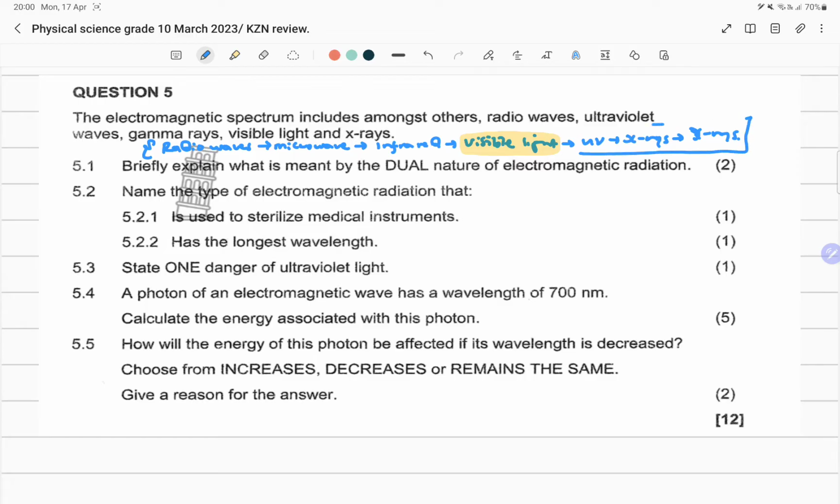This group here is the dangerous group because it can cause DNA damage to cells. And once there's damage to the DNA, it actually fragments.